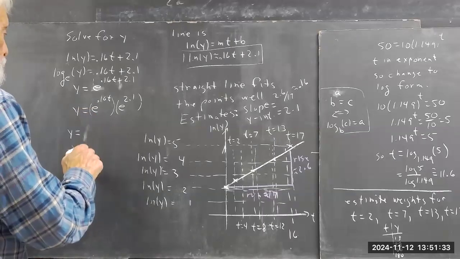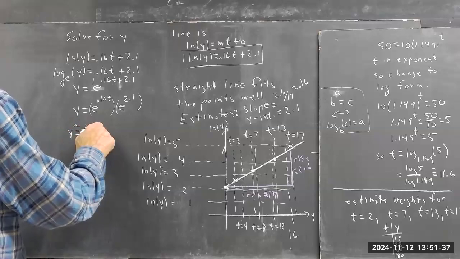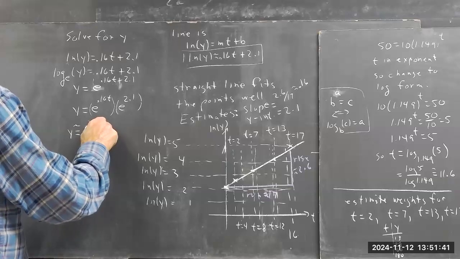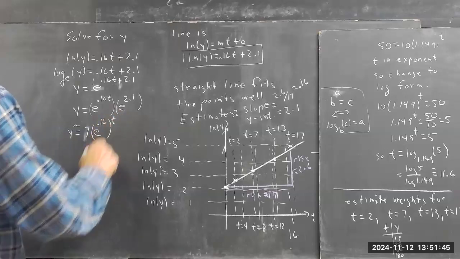So our e to the 2.1 is approximately equal to 7 times e to the 0.16 raised to the t power.